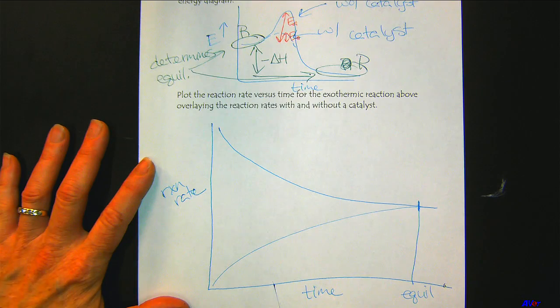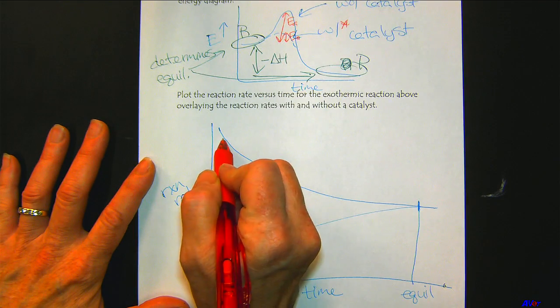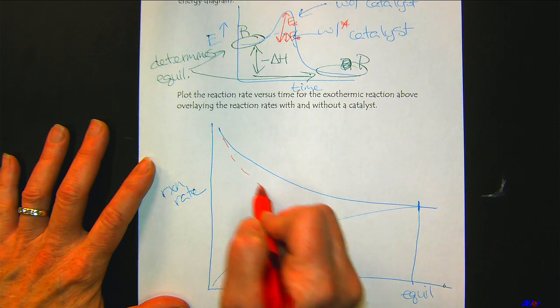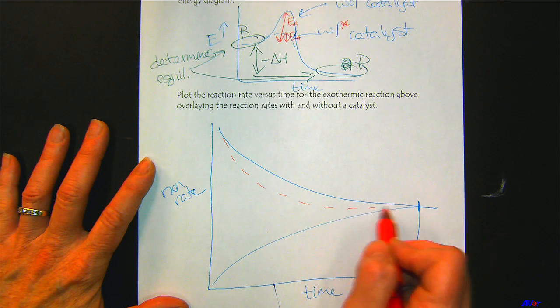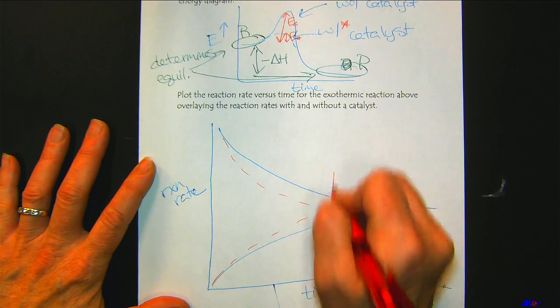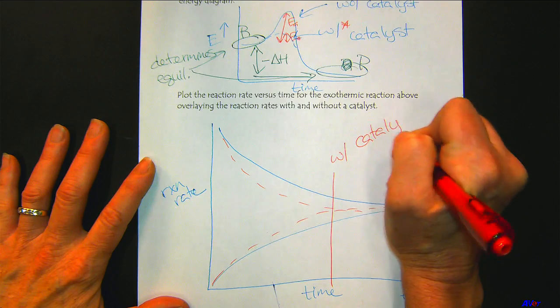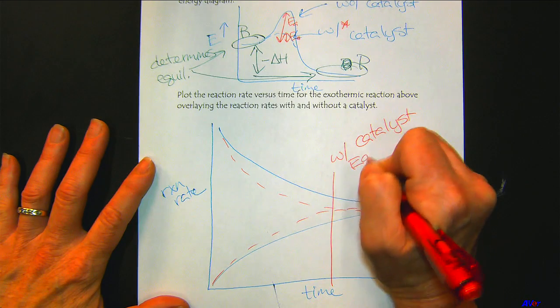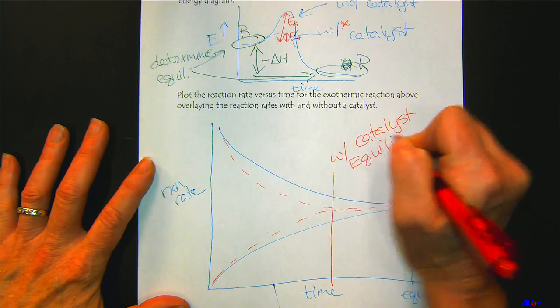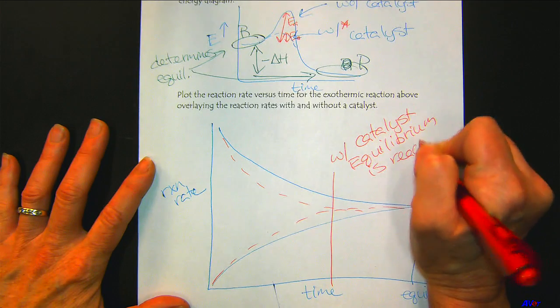Then if we add the catalyst, here we go. Notice we're getting to the same place. So with catalyst, equilibrium is reached faster.